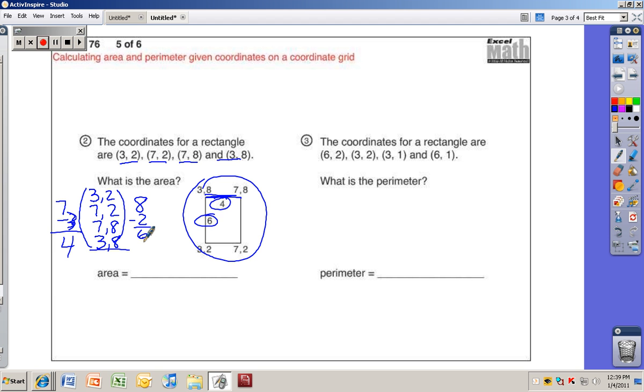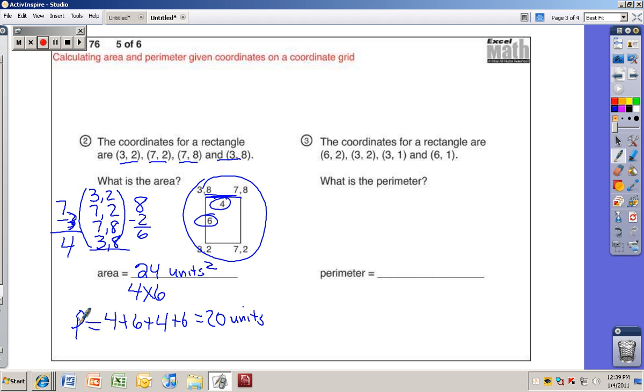If you want to find the area, you can do 4 times 6, 24 square units. If you wanted to find the perimeter of this shape, you would just do 4 plus 6 plus 4 plus 6, and that's equal to 20 units for the perimeter.